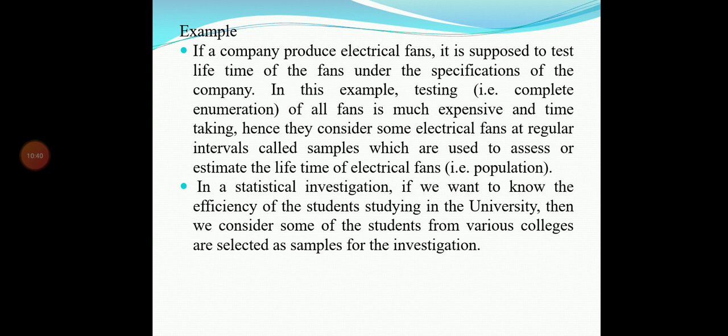Now we see another example. If you want to know the efficiency of the students studying in a particular university, for example, a university consists of 30,000 or 40,000 students, then we cannot gather the information from each and every student.